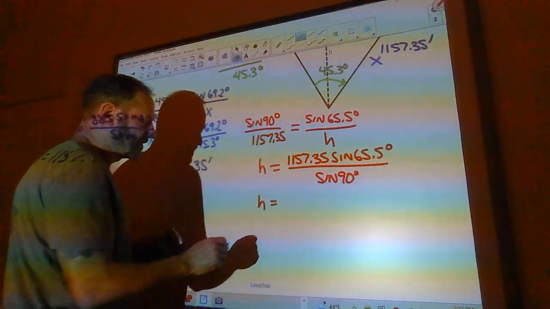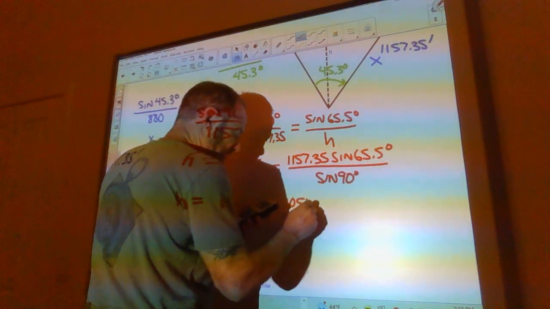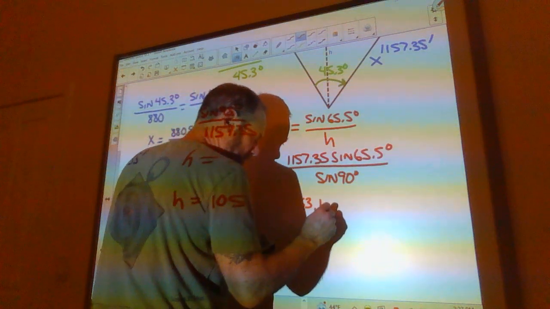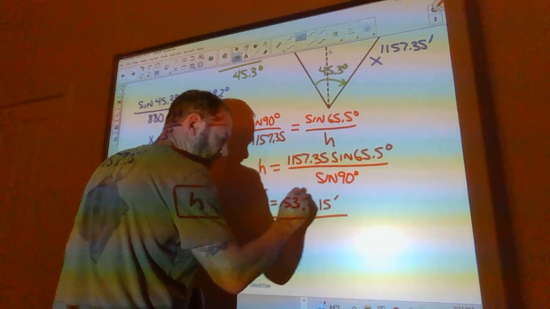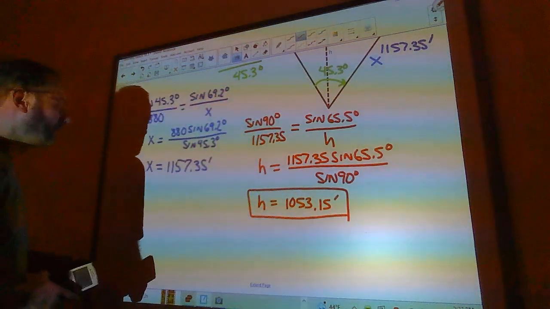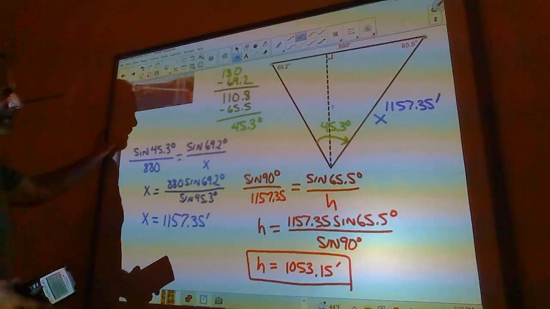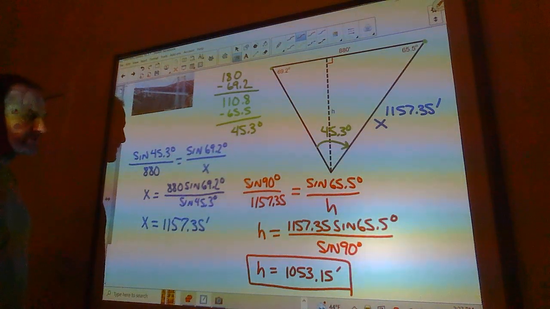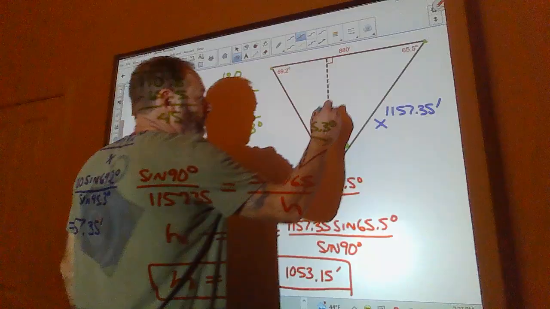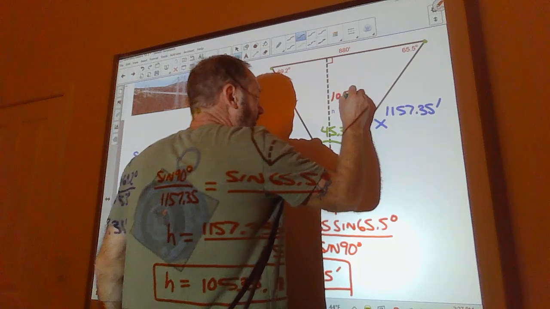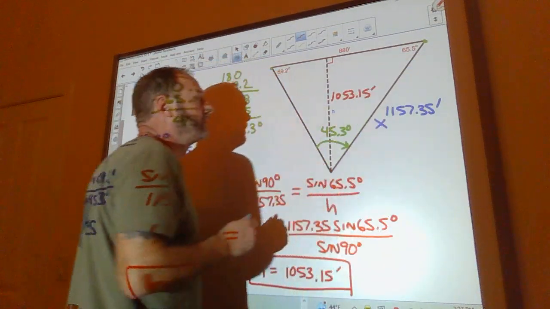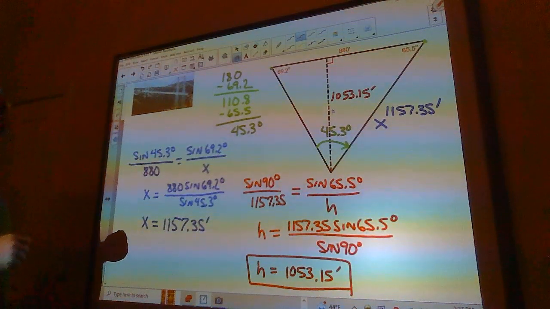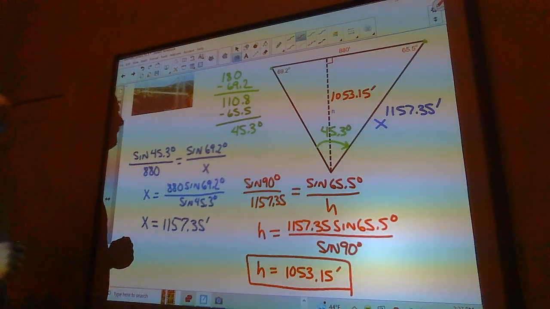Okay, this comes out to be 1,053.15 feet. And there we go. That tells me how high this bridge is, 1,053.15 feet. There you go. You're done.